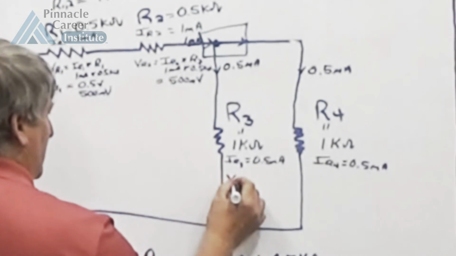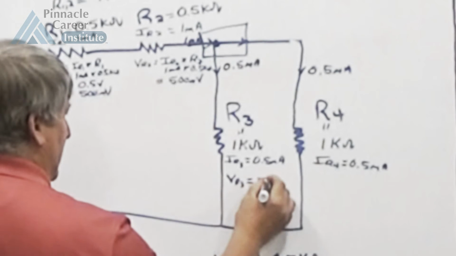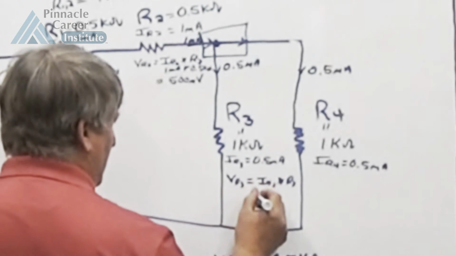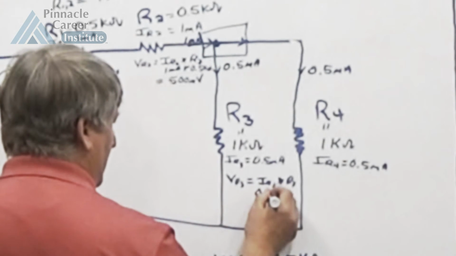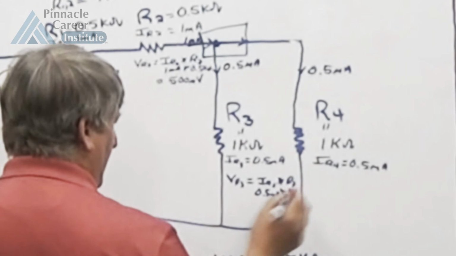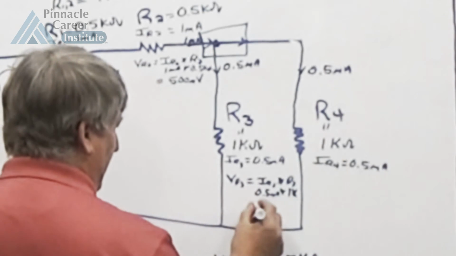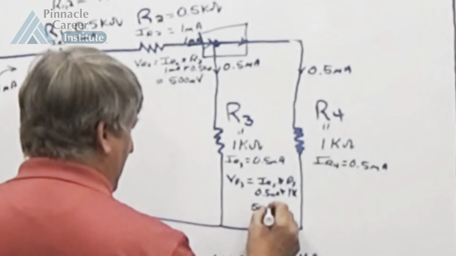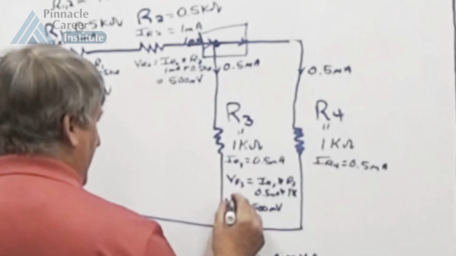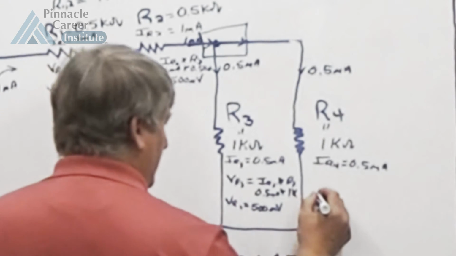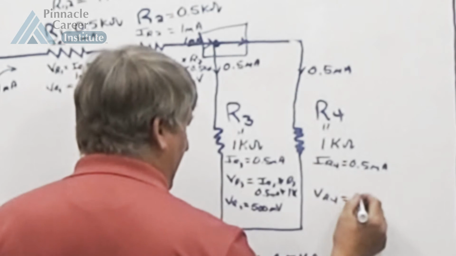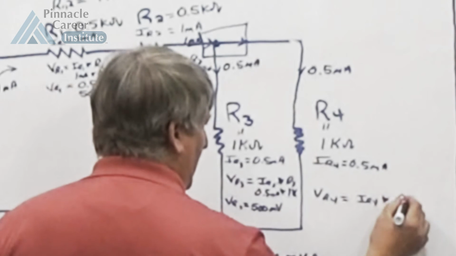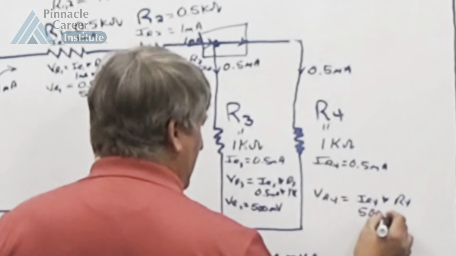And if we solve for VR3, which is Ohm's law, IR3 times R3, that's going to be 1K times 0.5 milliamps. That's going to be, on your calculator, 500 millivolts. And VR4, same values. IR4 times R4 is also going to be 500 millivolts.